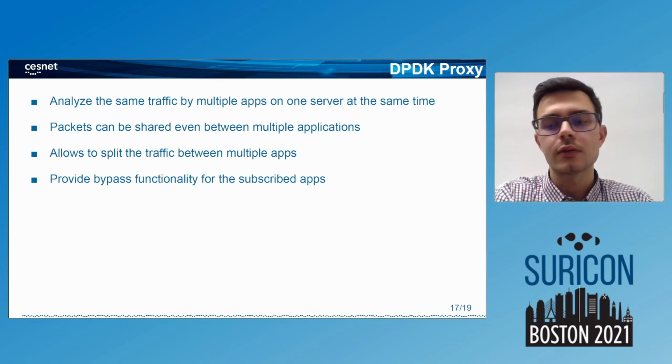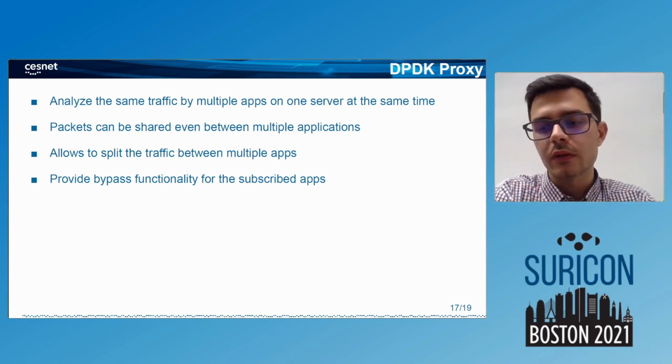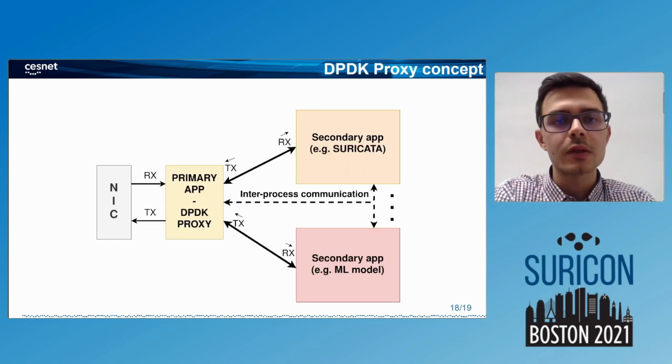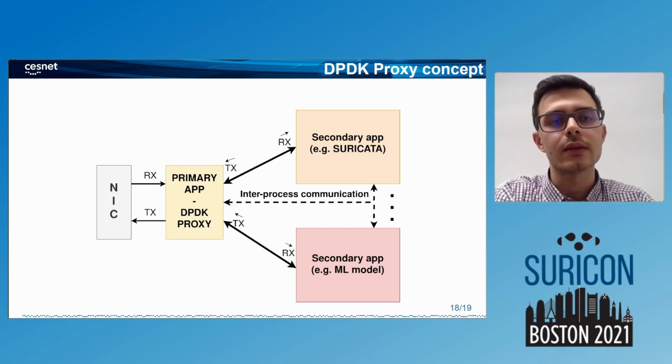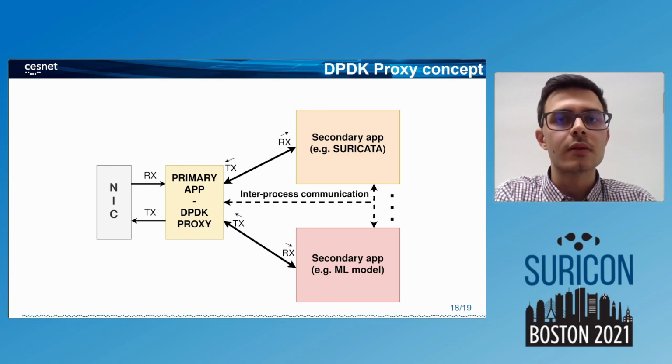And similarly to the prefilter and other techniques mentioned before, it provides a bypass functionality. So if the unencrypted traffic analyzer is not interested in a certain flow, it can also tell it to the DPDK proxy, and this flow will be omitted or bypassed for the given application.